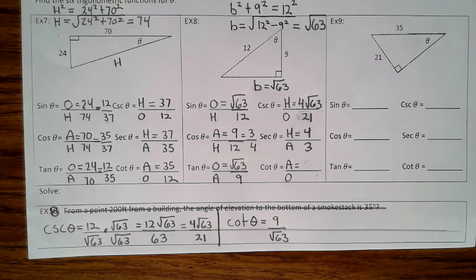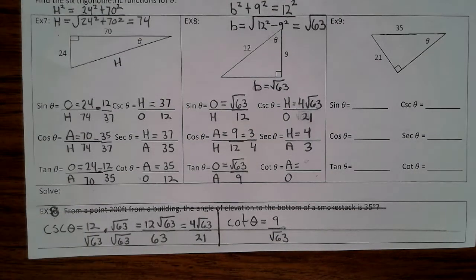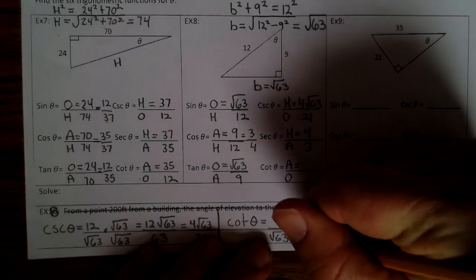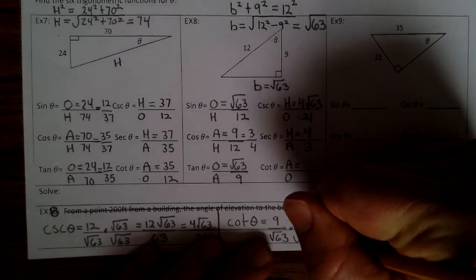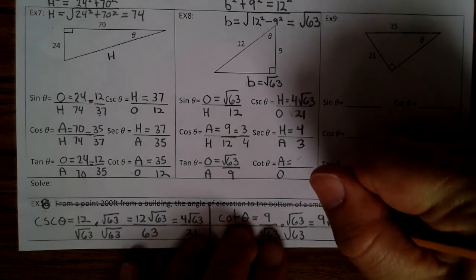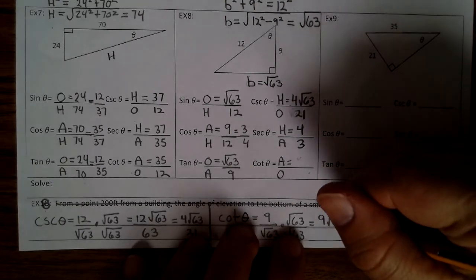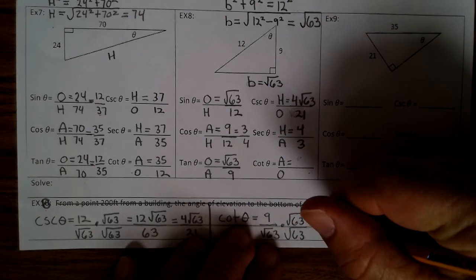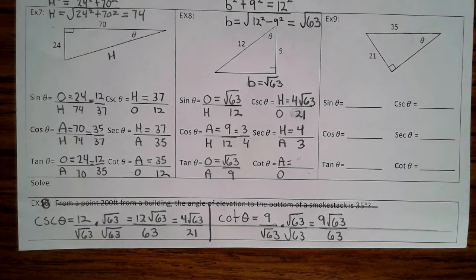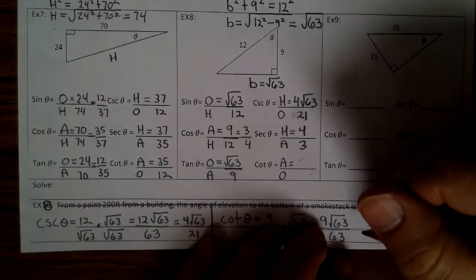So then that's 9 square root of 63 divided by 63, which reduces to the square root of 63 divided by 7. Okay, go ahead and finish up example 8.